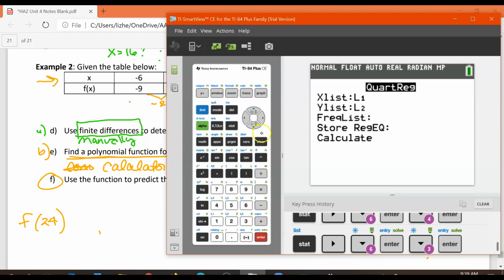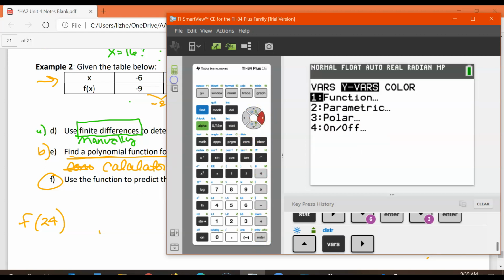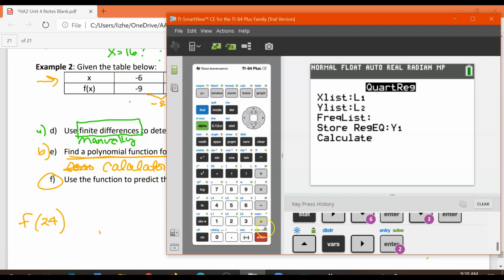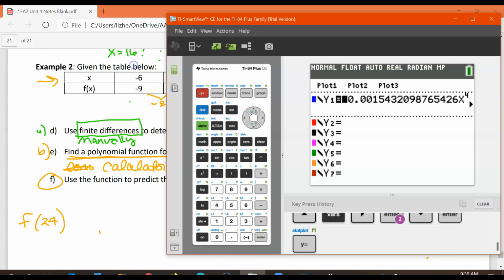So I go to store and I hit vars, y vars, function, y1, and now I go down to calculate, enter, and now I can check, and there's the equation, the function right there in y1.